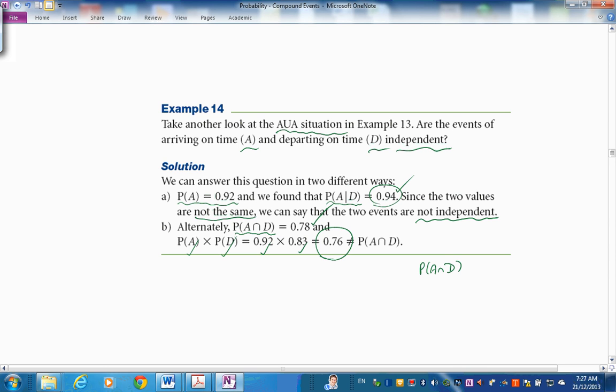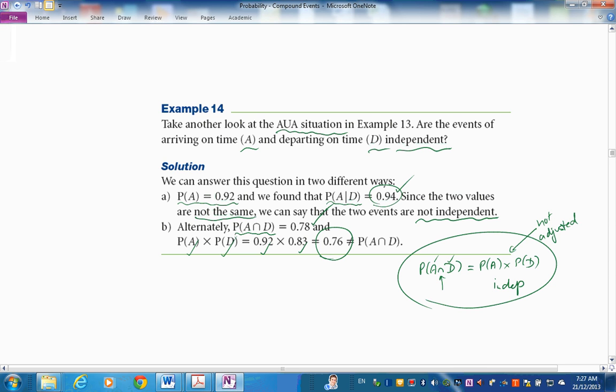If the probability of two events both occurring, A intersection B, is the simple product of the two, then they are independent. I think that's the easiest one to use. If you don't have to adjust them because the other one has occurred, and you get the simple product equals the probability of the intersection, then they're independent.